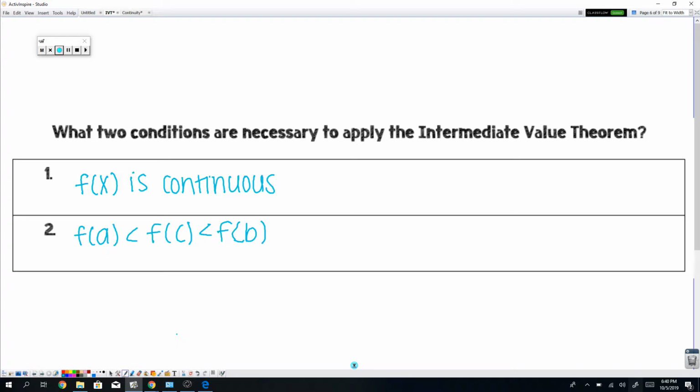So, one thing that you need to know is that when you're doing something that's continuous, you want to make sure that you know that all polynomials are continuous. So I'm going to put up here, all polynomials are continuous.